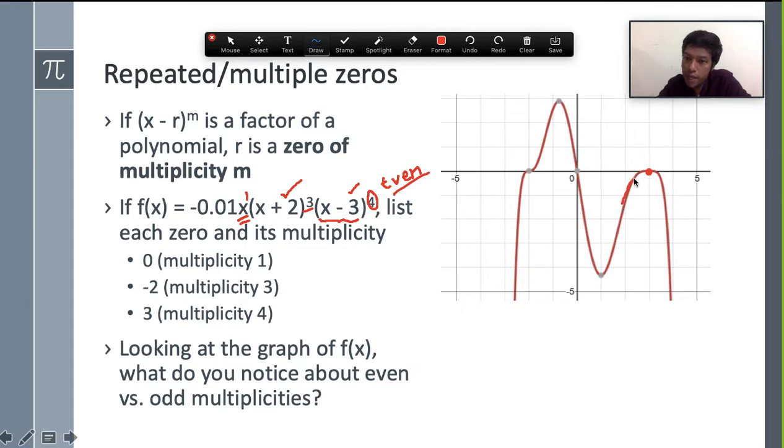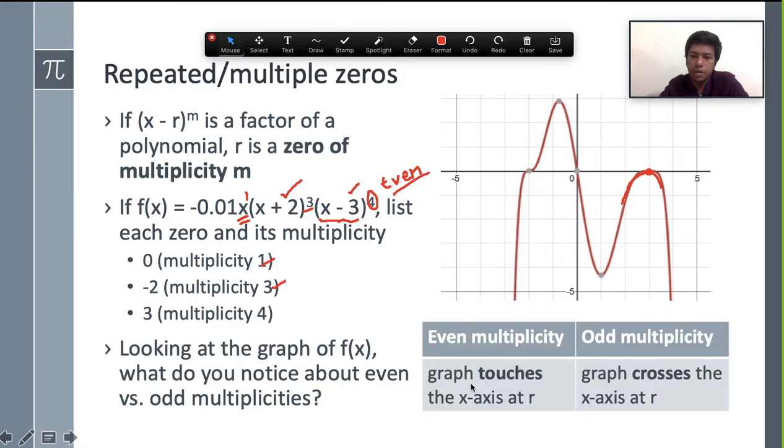It will go there, touch it and then come back. If the multiplicity is an odd number, 1, 3, 5, in all those cases the graph will cross at that point.